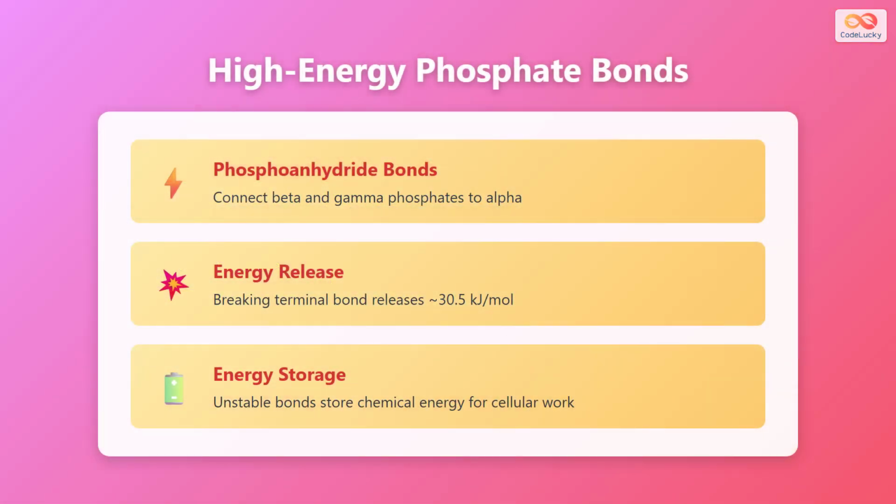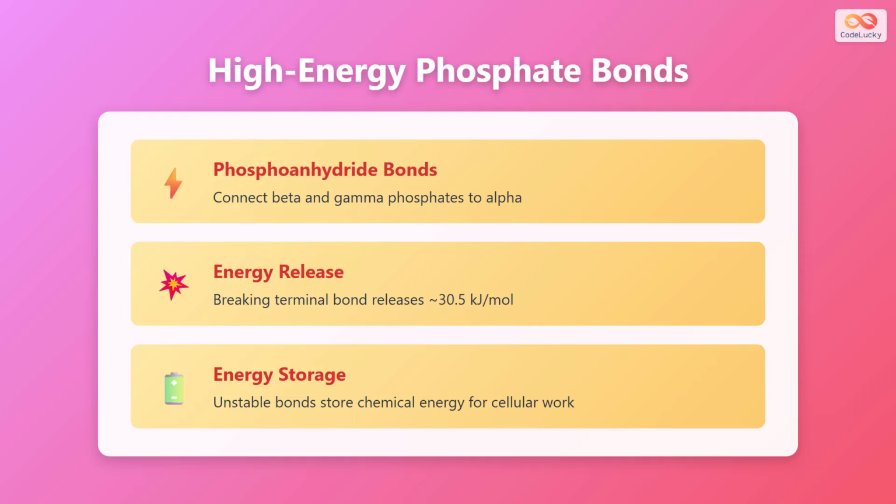The bonds connecting the phosphate groups are called phosphoanhydride bonds, and they are considered high-energy bonds. Specifically, the bonds between the alpha and beta phosphates and between the beta and gamma phosphates store significant amounts of chemical energy. When the terminal gamma phosphate is removed through a process called hydrolysis, approximately 30.5 kilojoules per mole of energy is released.